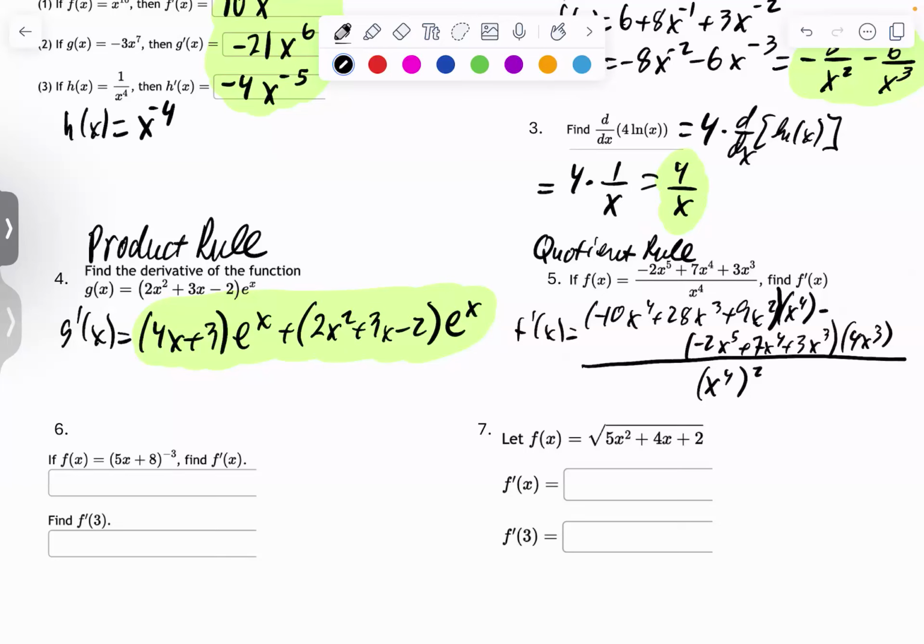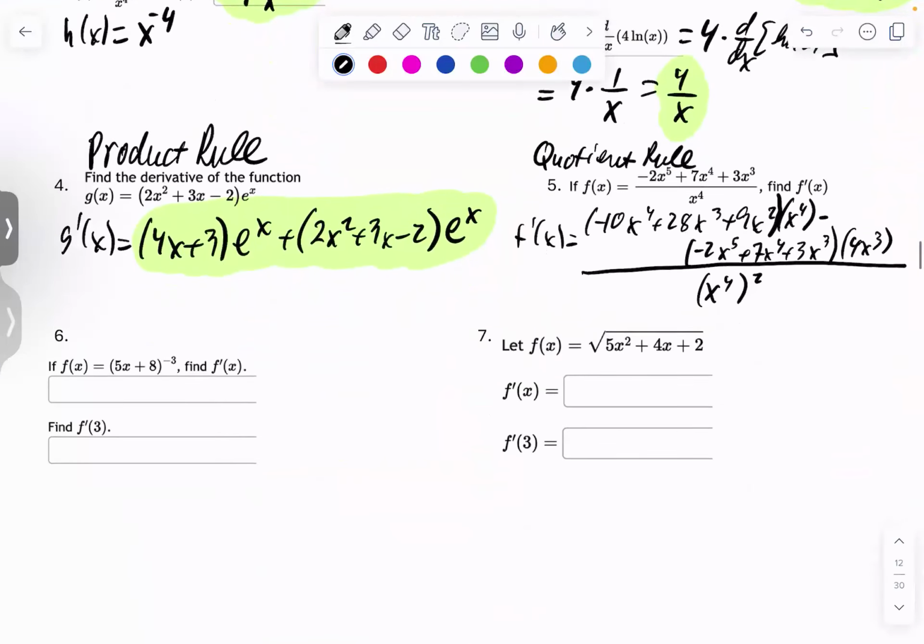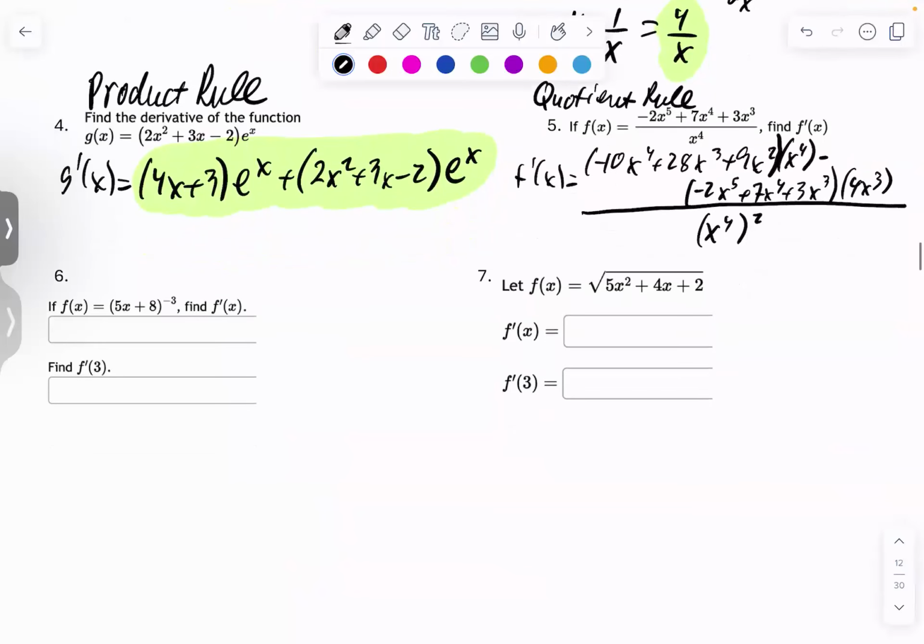Number 6 and number 7 are the chain rule, meaning I have a function inside of a function inside of a function and so on. As we're looking at number 6, I see something raised to the negative third power, and that something was 5x plus 8.